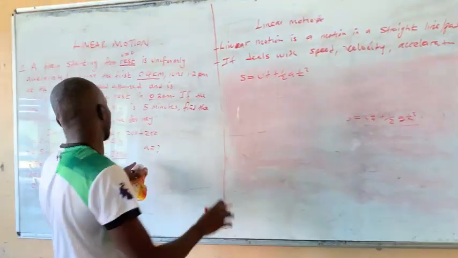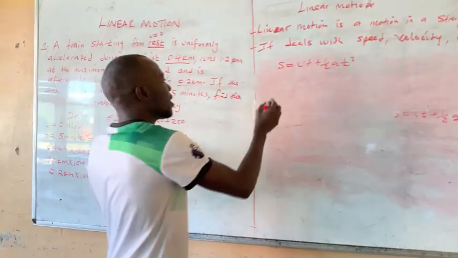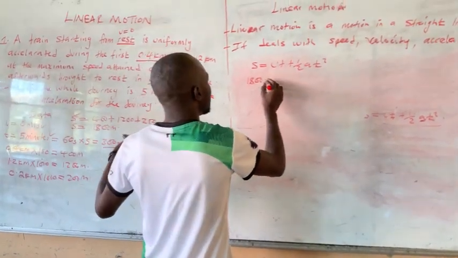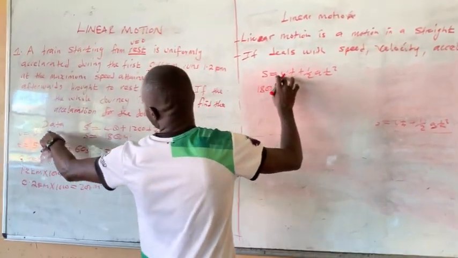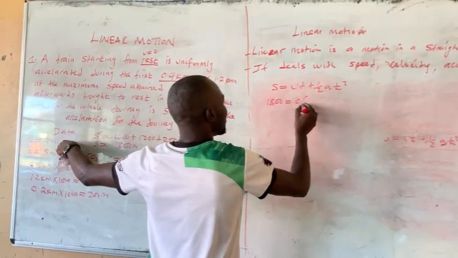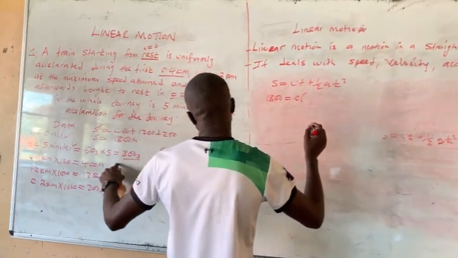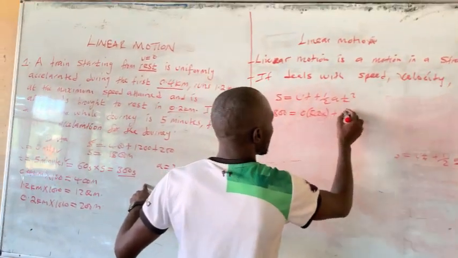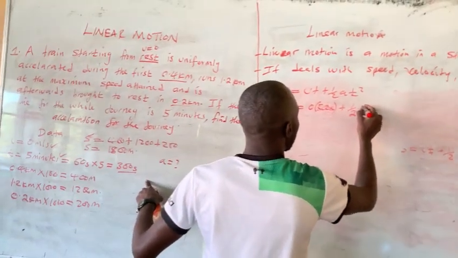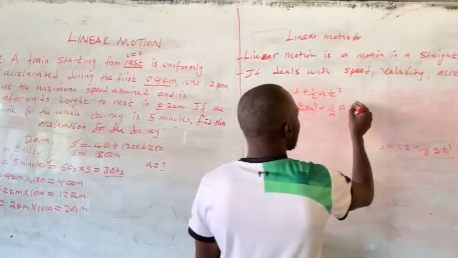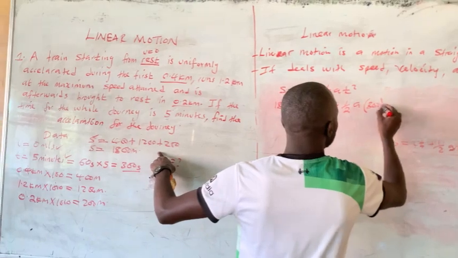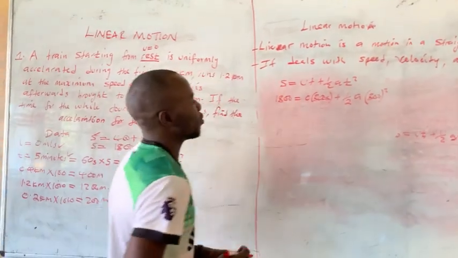The total displacement is 1,800, which is equal to the initial speed, 0, times the time, which is 300 seconds, plus 1 over 2 times acceleration, which is what we are looking for, times 300 raised to the power 2.